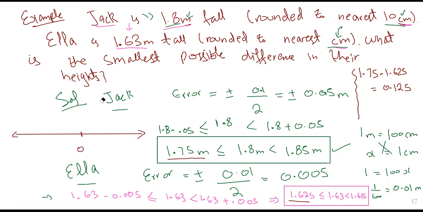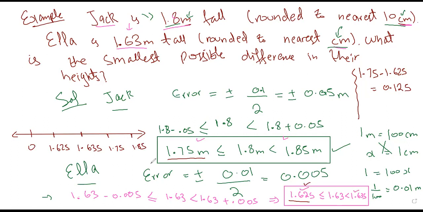But all the values are positive, so let me write 0 here. Now, let's say this is 1.625. Then let's say this is 1.635. Let's say this is 1.75 and this is 1.85. Which are these four values? This one, this one, this one, and this one.